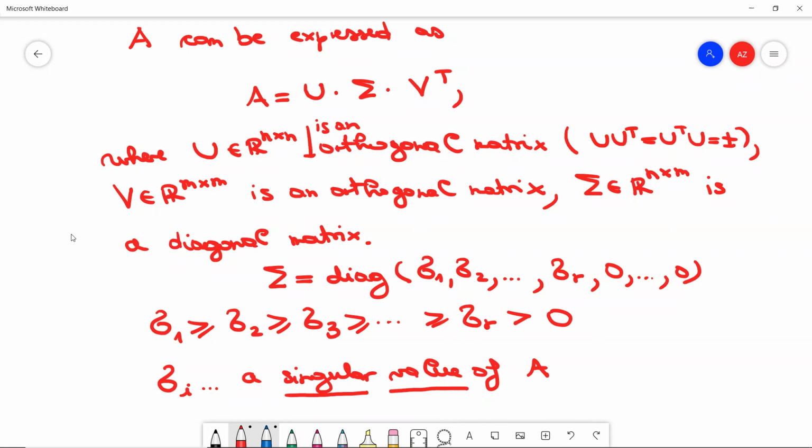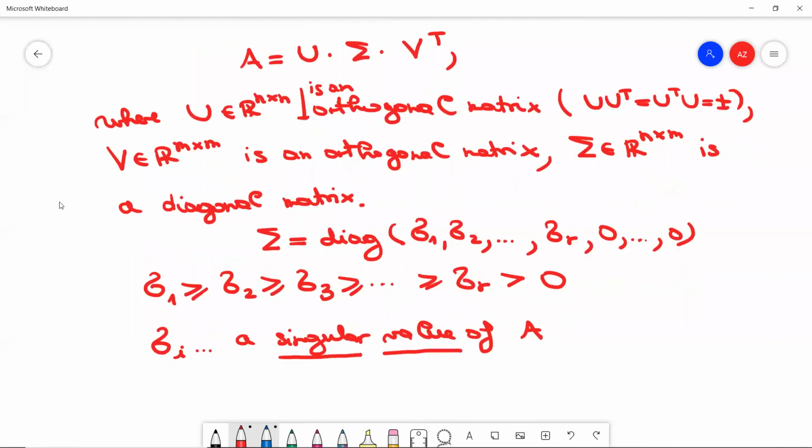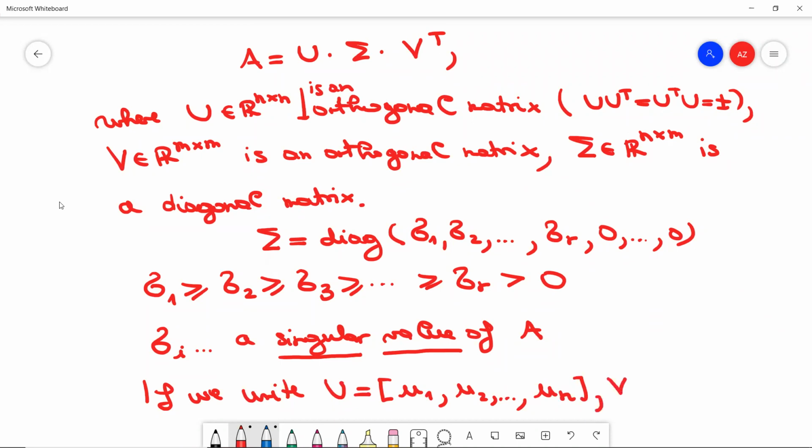And if we write U and V in the column notation, we will use this a lot in what follows. So if we write U in this column notation, U1, U2, up to Un, we have n of them, and V as V1, V2, up to Vm, because we have m of them.